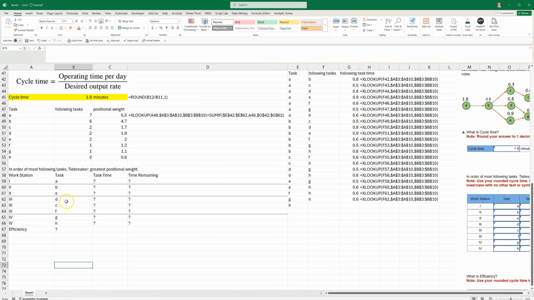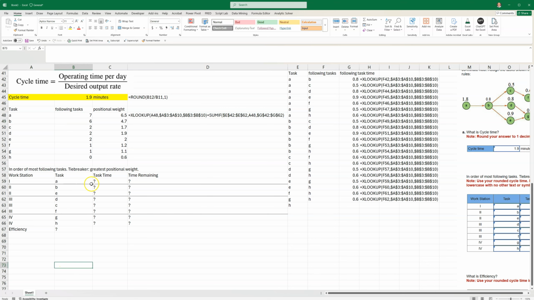And then D is next, and then C is next because it's going by the highest positional weight second, because this is a tie. So that A and B, that makes sense? It's sorting it by this, descending, and then if there's a tie, it sorts these three descending. So it should go E, D, C, which it is.